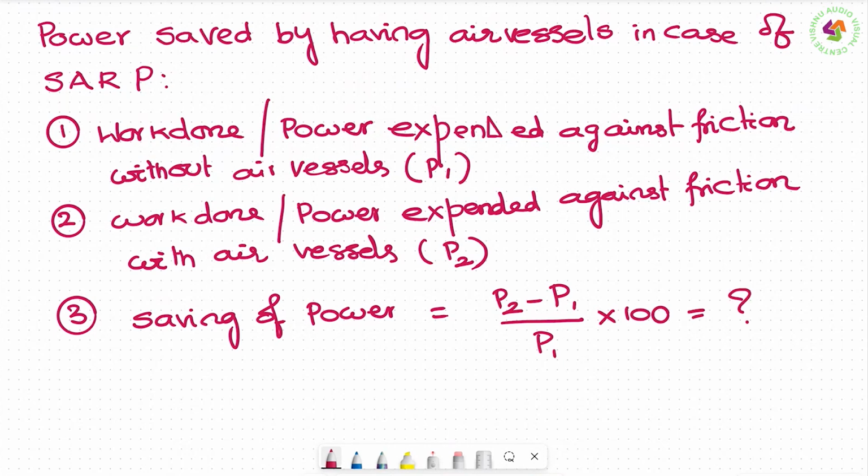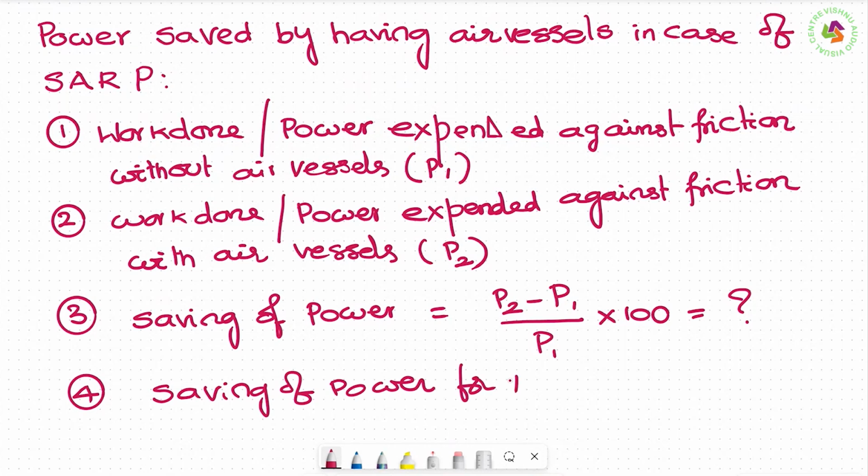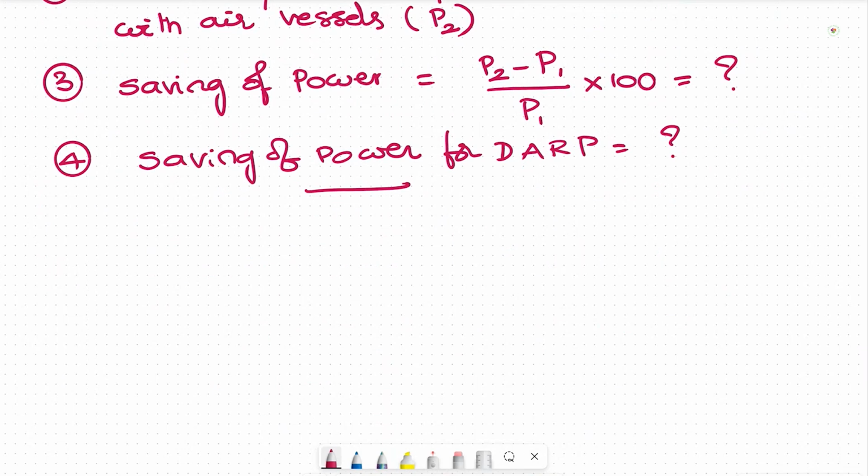This will be how much? The same saving of power for double acting reciprocating pump. This is the topic. So how do I go? Let us straight away go into the first article.